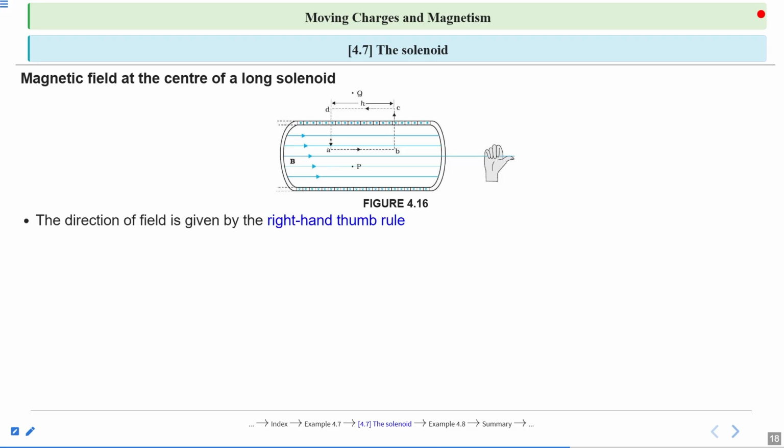The direction of the field is given by the right hand thumb rule. The right hand is shown in the figure also. You have to see the direction of the magnetic field at the center of the coil. There are a number of windings and the current is changing direction according to the windings, so you cannot find the magnetic field at each point.